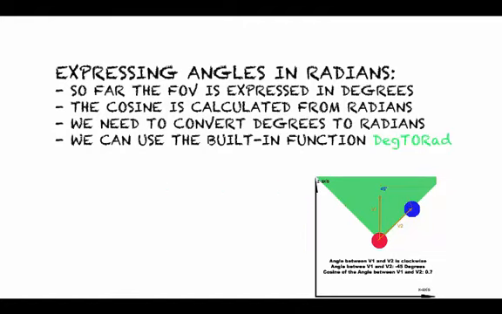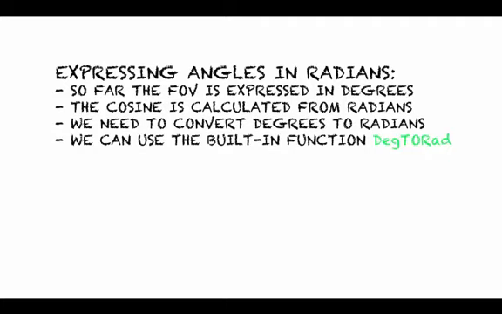However, the function that calculates the cosine in Unity only takes radians and not degrees for parameters. So we will need to convert our angle in radians first before the cosine can be calculated. This can be done using the function called Mathf.Deg2Rad in Unity.